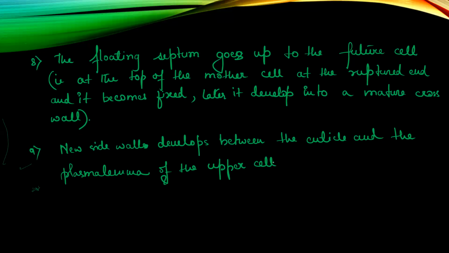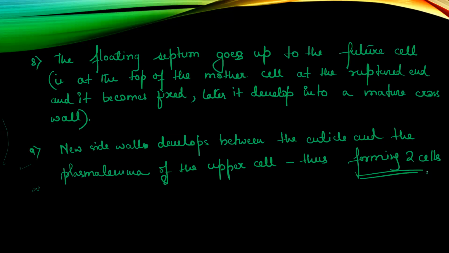Thus forming two cells. So this is how we come to an end of our cell division process. Okay.